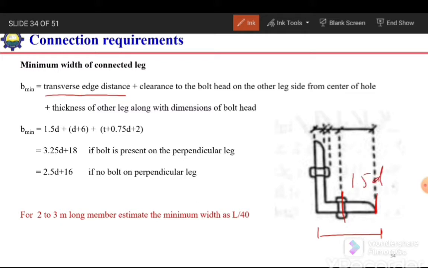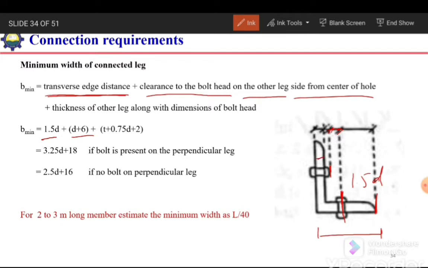Then the clearance from the center of the bolt to the bolt head on the other leg side. So this distance from here up to here should be equal to d plus 6, the diameter of the bolt plus 6 millimeter.